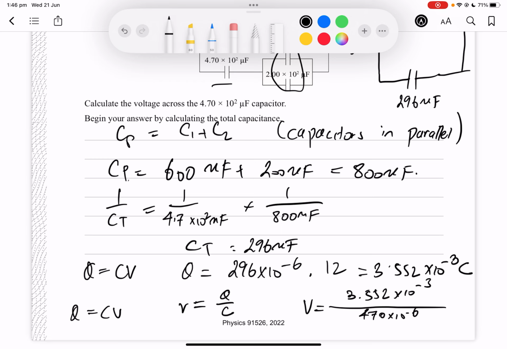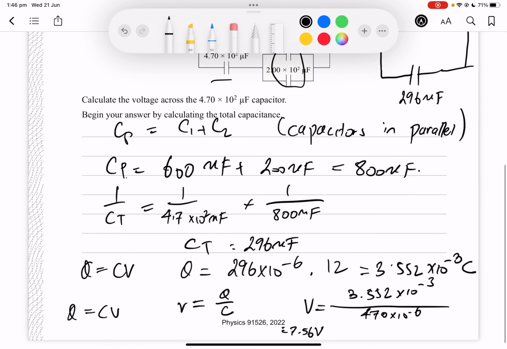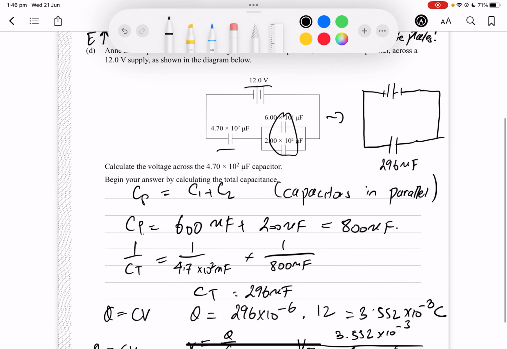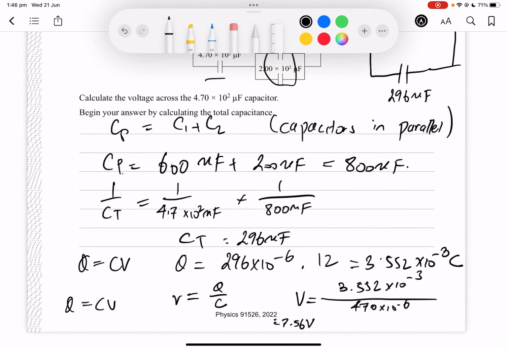That is equal to 7.56 volts. We can say this because the 4.7 times 10 to the power of 2 microfarad capacitor is in series, and in this case, the same charge will be stored, so the charge is the same.